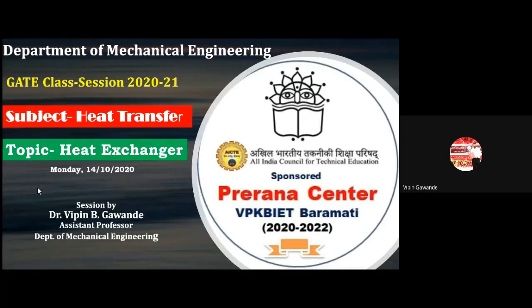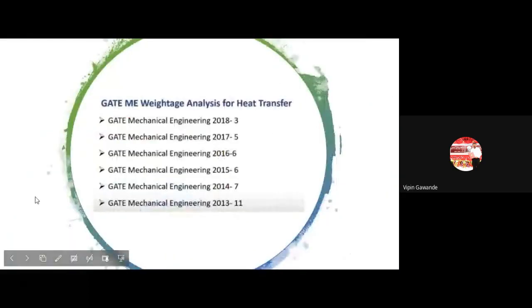The subject is heat transfer and the topic for today's session is heat exchanger. First of all, we'll look at the weightage analysis for heat transfer in previous examinations, from 2013 up to 2018.